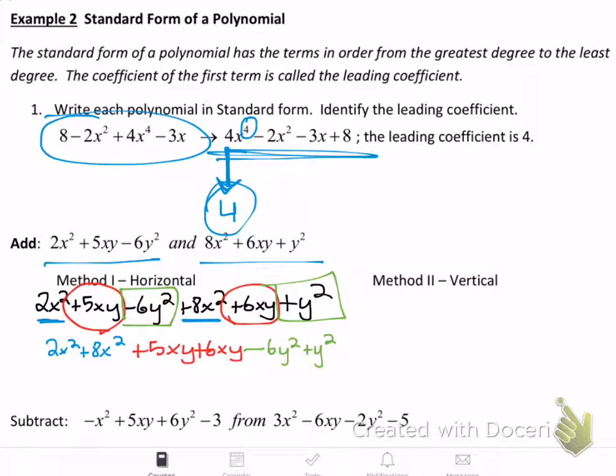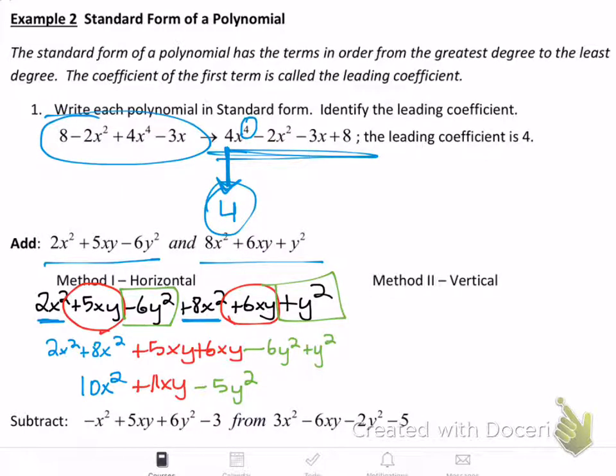I'm going to rearrange my whole polynomial so that I have all my common terms near each other, and then combine my like terms. So my final answer is 10x squared plus 11xy minus 5y squared.